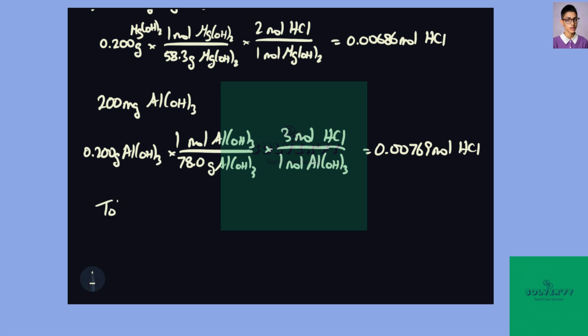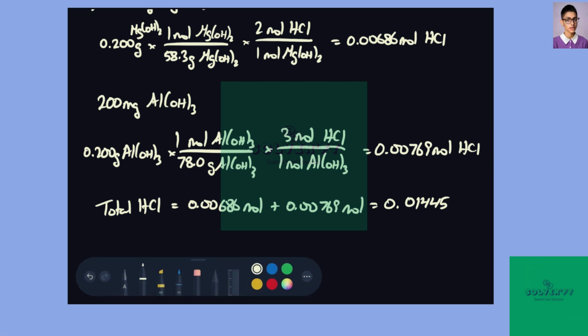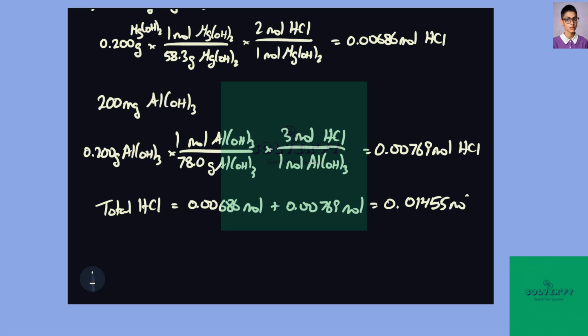So combining this together, the total HCl is equal to 0.00686 moles plus 0.00769 moles. This is equal to 0.01455 moles of HCl.